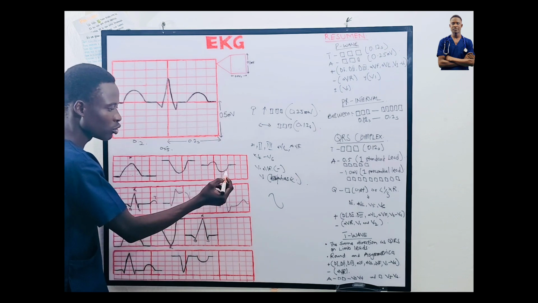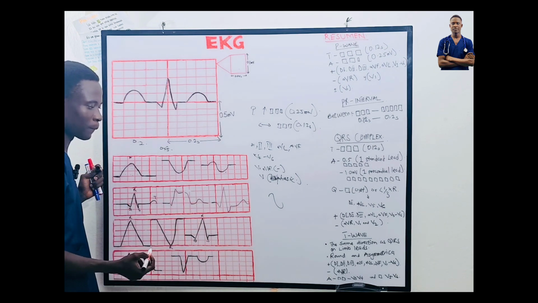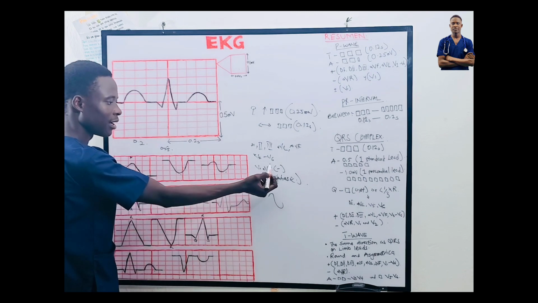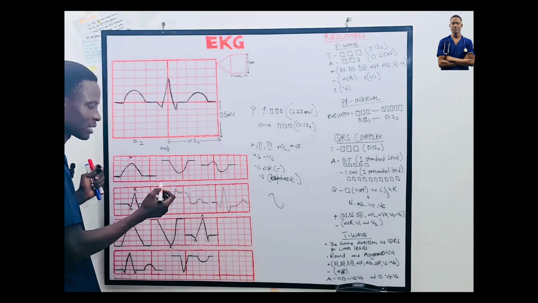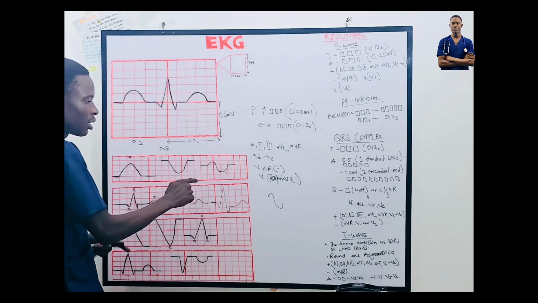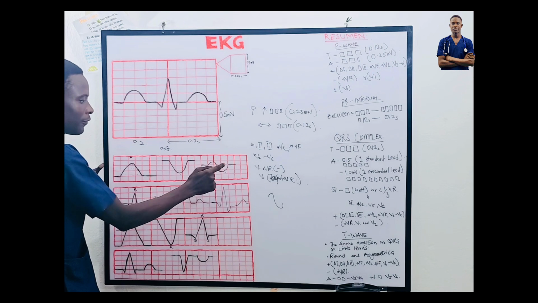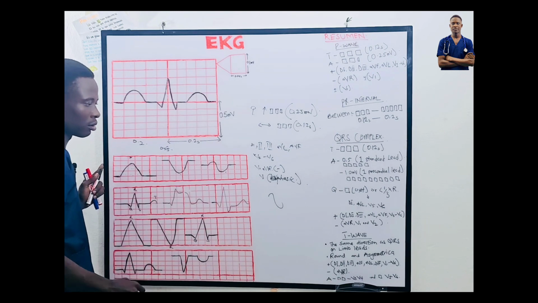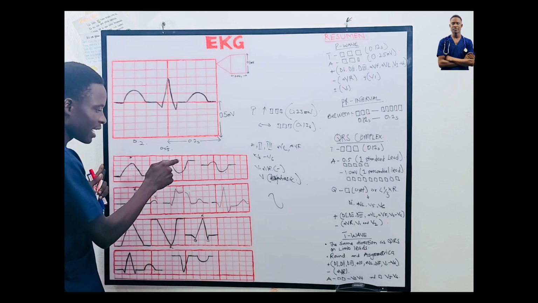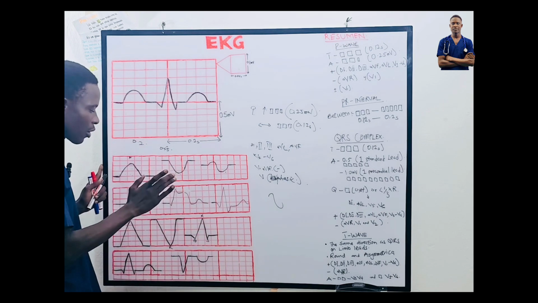The V1 most of the time is biphasic, and sometimes it is negative. But the AVR is always negative. So when you see this wave on V1, you must think of a normal wave. A negative on V1 is a normal wave.